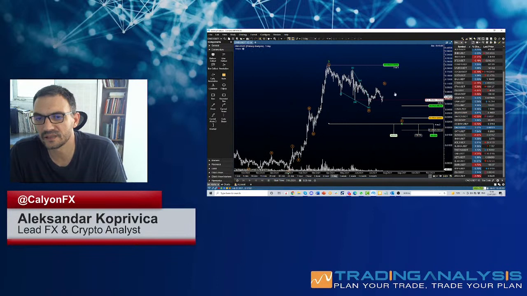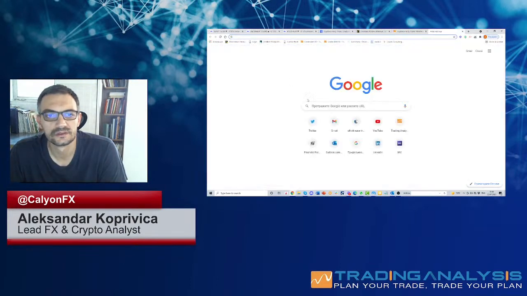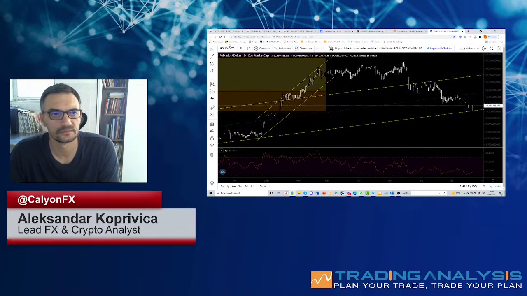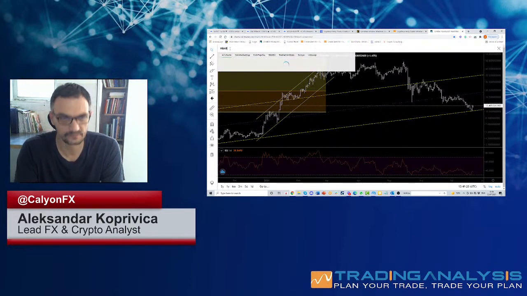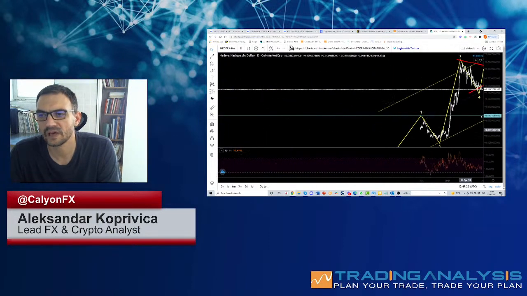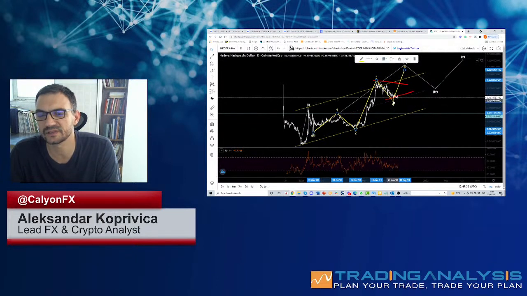One is still in some type of a corrective pullback. And X bar, let me just look at X bar. I will try to find it here and see what it is doing. Yeah, nothing much. Still in this consolidation. So it's far above invalidating this probable fourth wave. As you can see, gravity is now towards the downside.